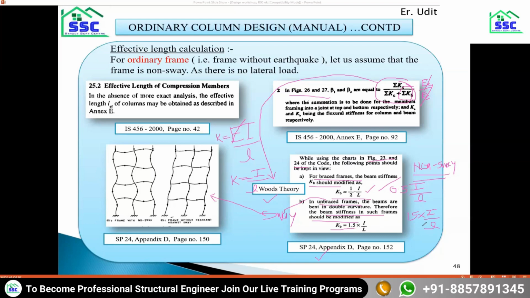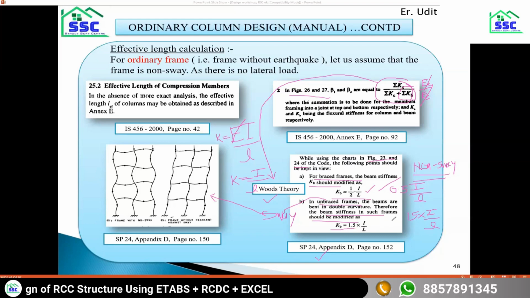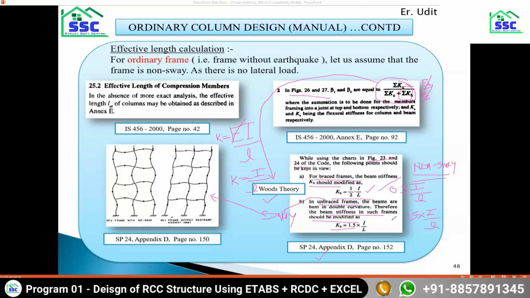Now, where these factors have come from, you need to study in Woods' theory, but the correct calculation of KB is to be done as per Appendix D, SP24, page number 152.